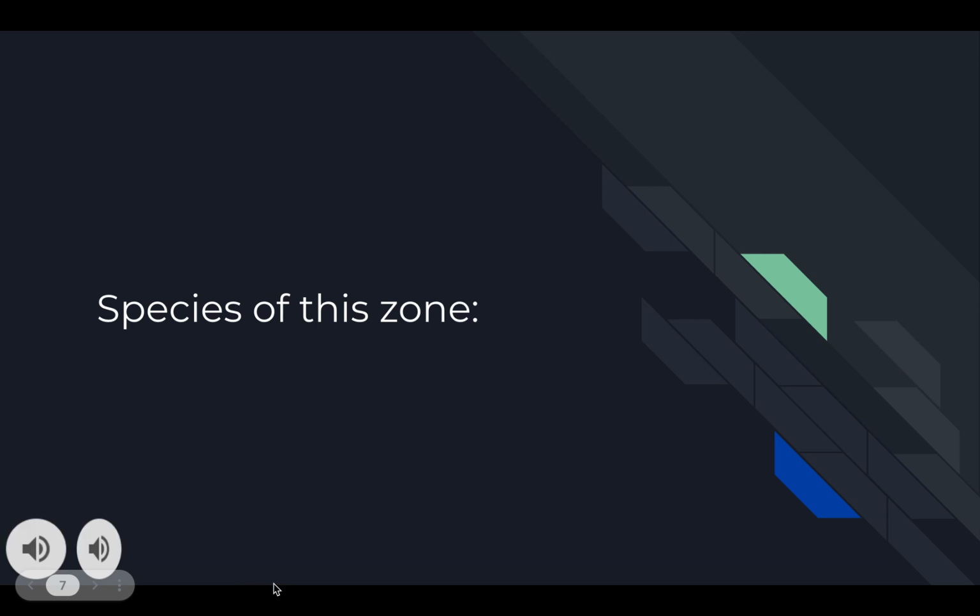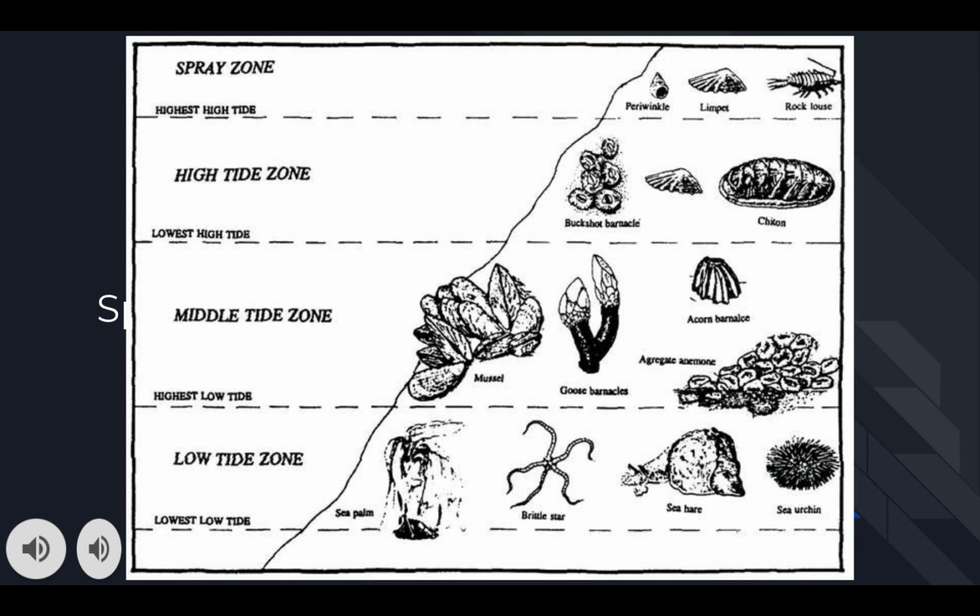Now we can talk about the species in the zone. The list of species is actually really huge, so maybe we could never stop counting. Some of these are sea stars, snails, seaweed, algae, crabs, clams, sea cucumbers, octopuses, kelps, barnacles, and mussels.